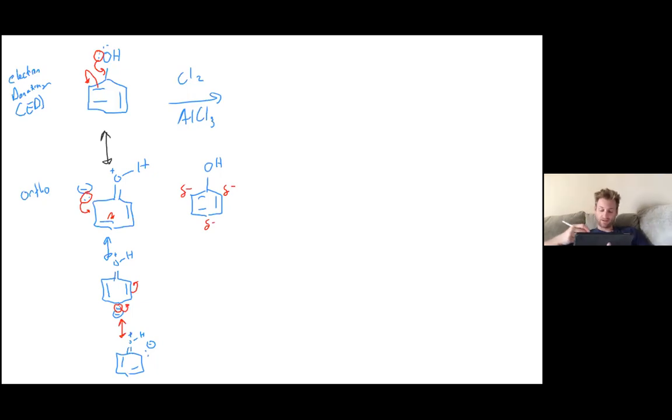So when we add in our complex, we are most likely to have it attack from one of these two positions.